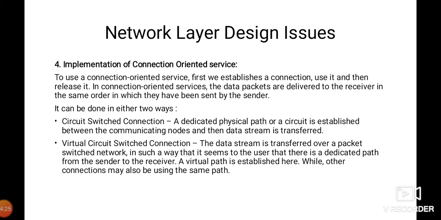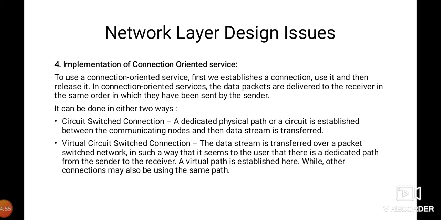In connection oriented service, the data packets are delivered to the receiver in the same order in which they were sent by the sender. This can be done in two ways. First one is circuit switched connection and second one is virtual circuit switched connection. In circuit switched connection, a dedicated physical path or circuit is established between the communicating nodes and then the data stream is transferred.